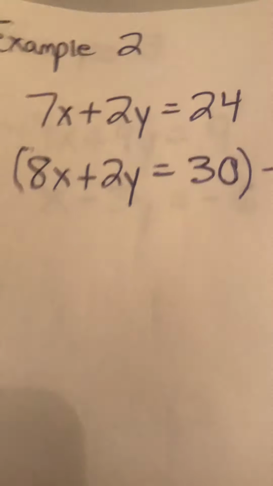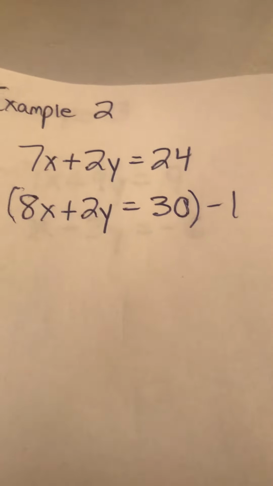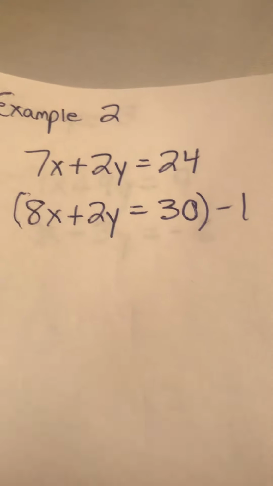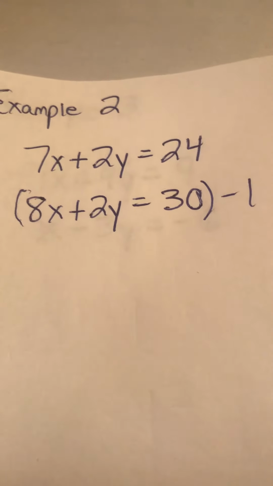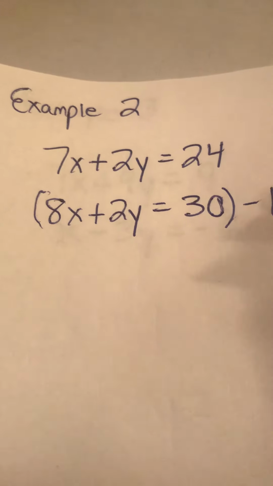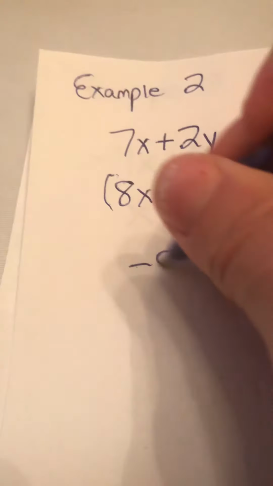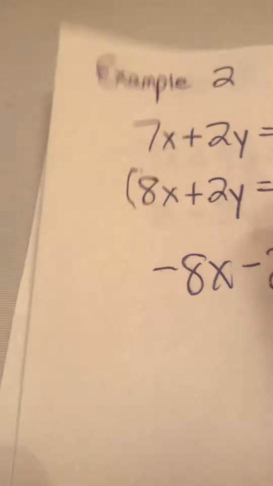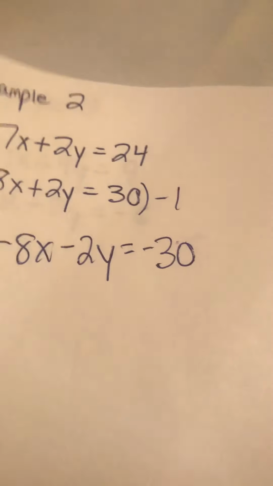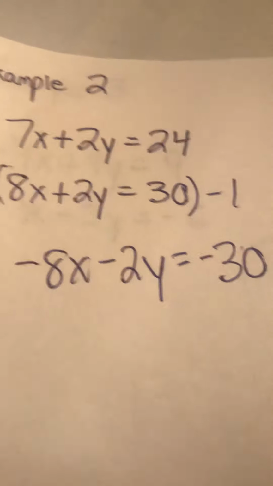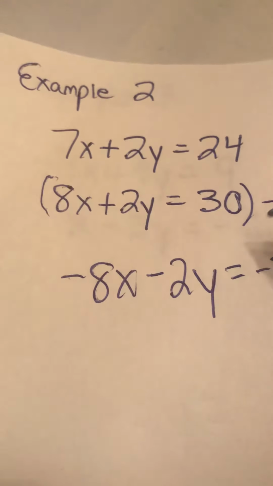And remember, I can multiply throughout. That just makes it easier because I want to add to eliminate. I don't have to do that. I could have subtracted to eliminate, but things get a little bit confusing when you're subtracting numbers. So when I multiply that whole equation out, I get that. And if you want to follow along, remember, a negative times a positive is a negative.